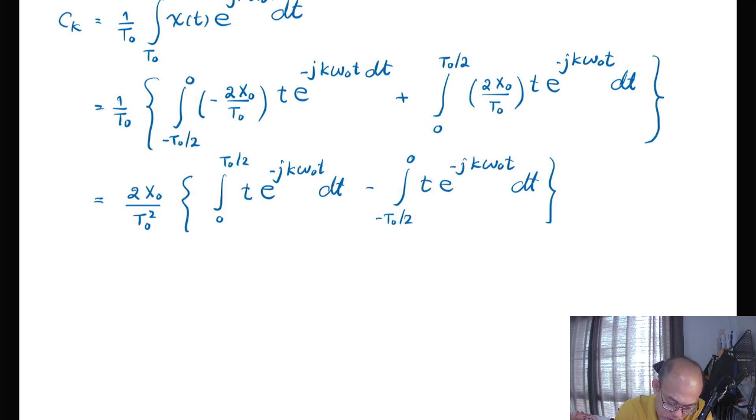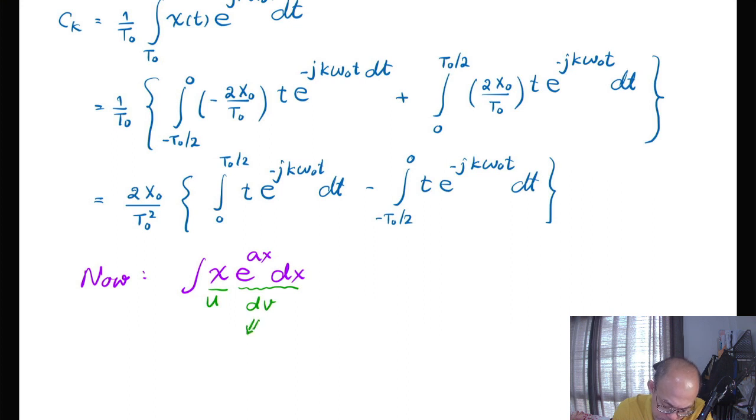Now consider the integral of x e to the ax dx. To find this integration, we use integration by parts. We define dv as e to the ax dx, and we call x u.